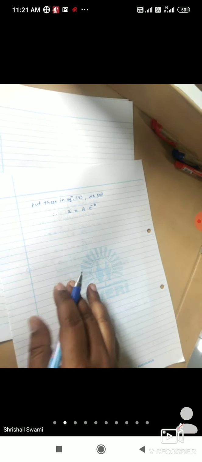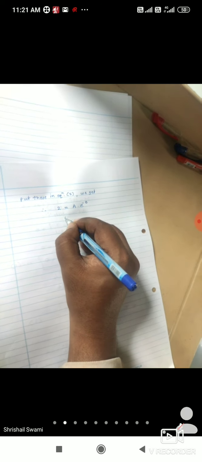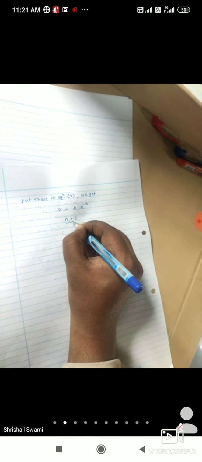So put this in equation number 2, then we get, I is replaced by 2 ampere is equal to a into e raised to minus t. Okay, so t is 0, so this will give 1. So a value will be 2.